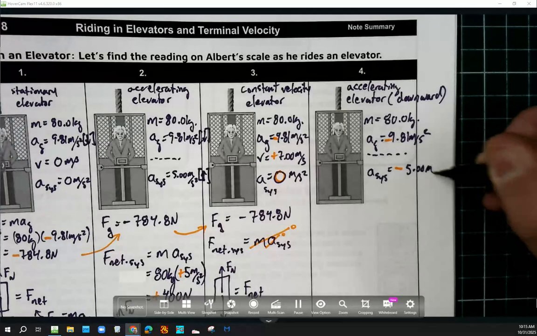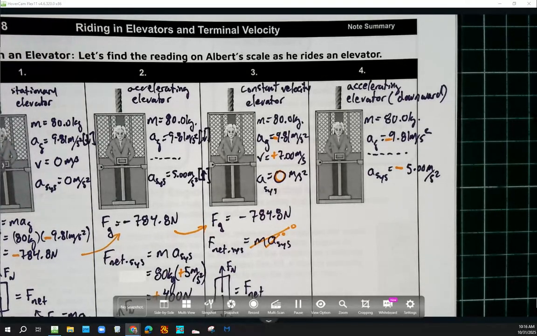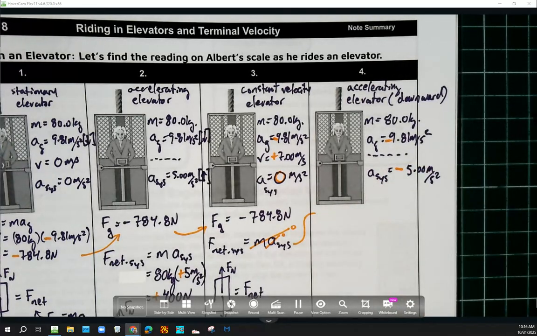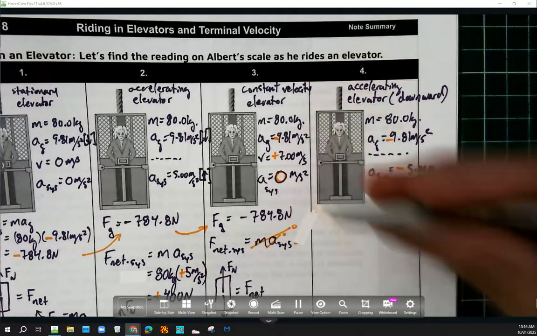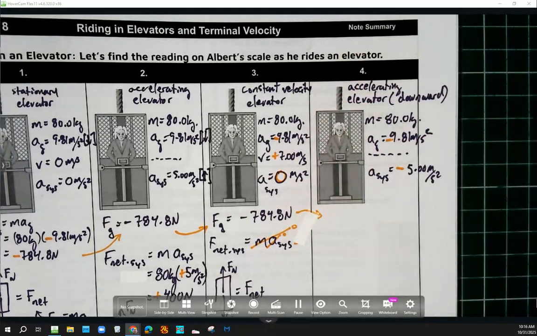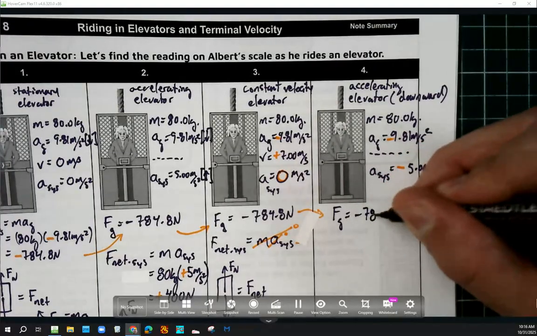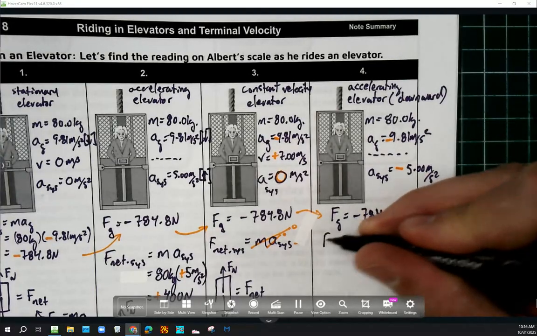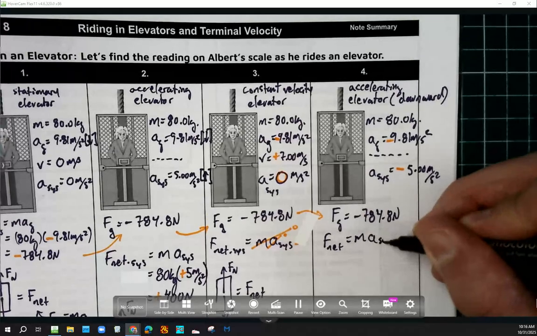Let's pretend that that's how elevator motors work. And so we can carry his force due to gravity forward because it's the same fella. So Fg is going to be negative 784.8. F net is not going to be 0 this time because it's going to be mass times the acceleration of the system.